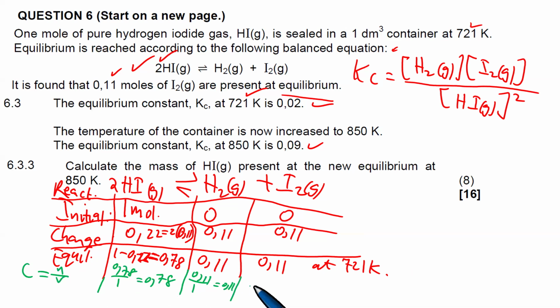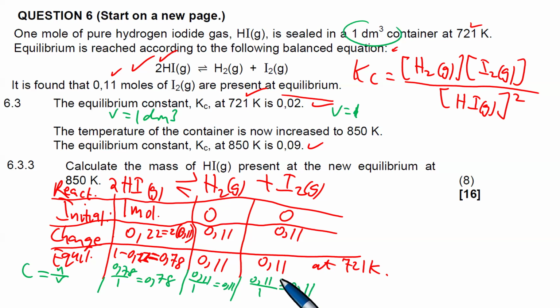These are concentrations, all of them, at 721 Kelvin. The concentration equals number of moles over volume, but the volume is 1 cubic decimeter, so we divide the number of moles by the volume of 1. So it is just 0.11.